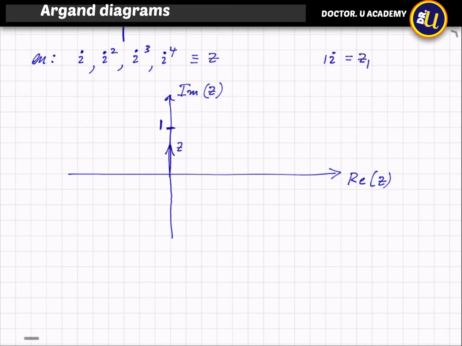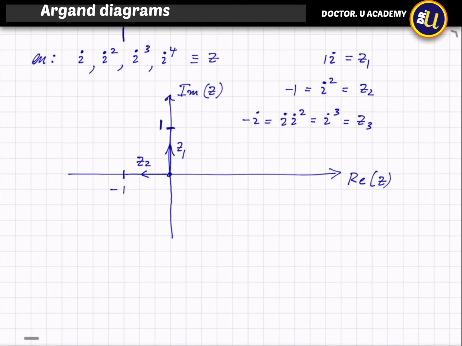That is z1. Then what about z2? z2 is equal to i squared. What is i squared? i squared is equal to minus 1, right? So from here, minus 1 is here. This is your z2. Then what about z3? z3 would be i cubed, that is i times i squared, so it's minus i.